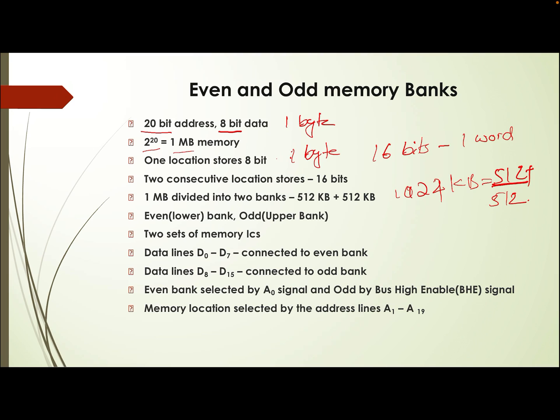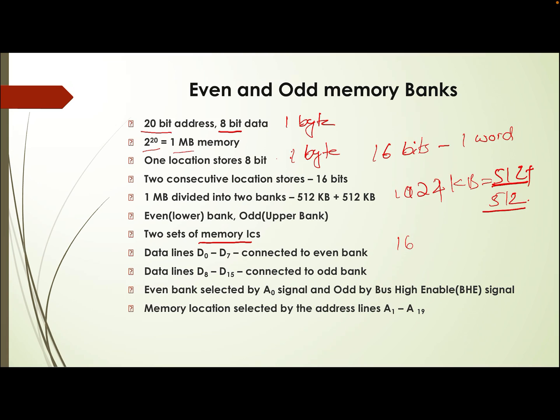Now, one unit of memory, that is 512 KB, is the even bank, or we call it the lower bank, and the other 512 KB is called the odd or upper bank. These even and odd banks are represented as 2 memory IC chips.